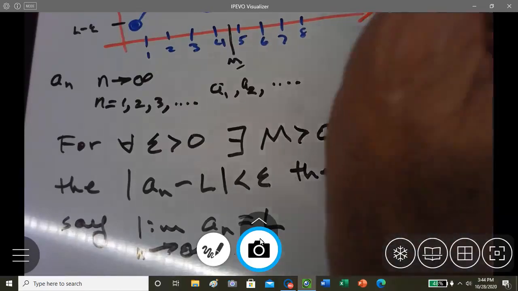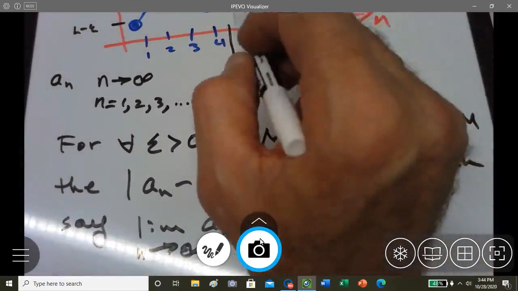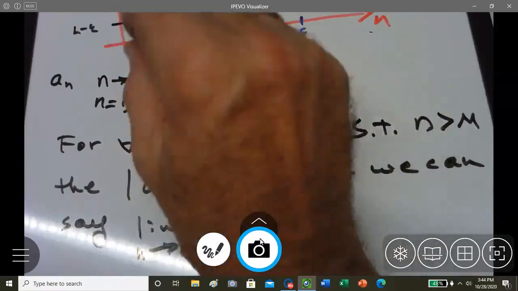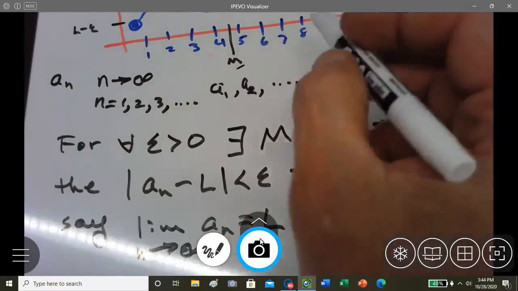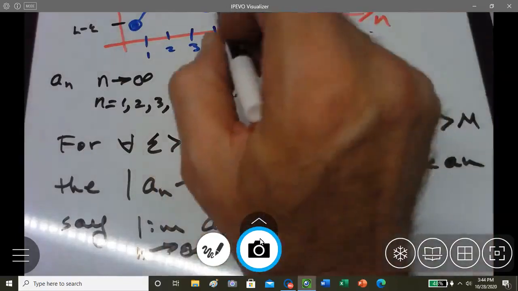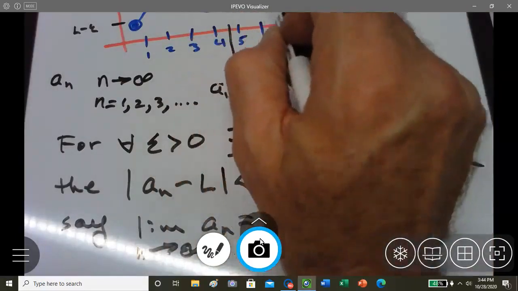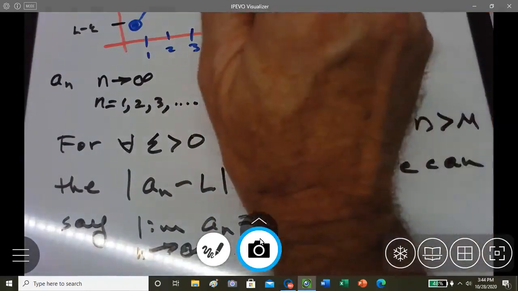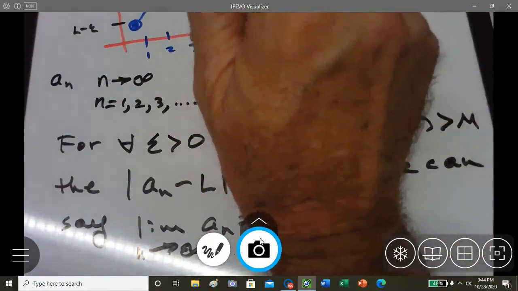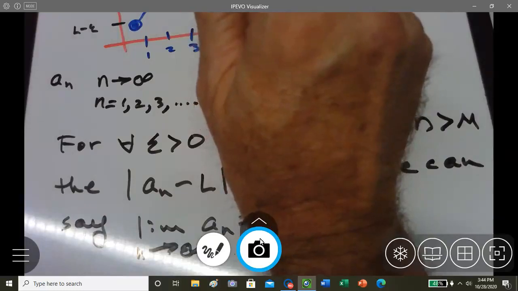So what we want here is, as our n gets larger, a1, a2, and so on, the sequence converges, but it has to converge after some number m.